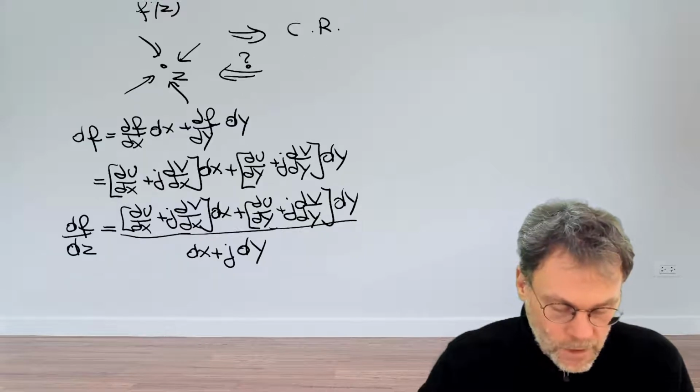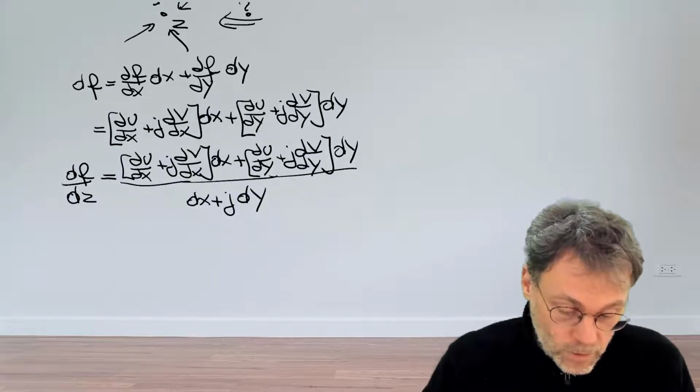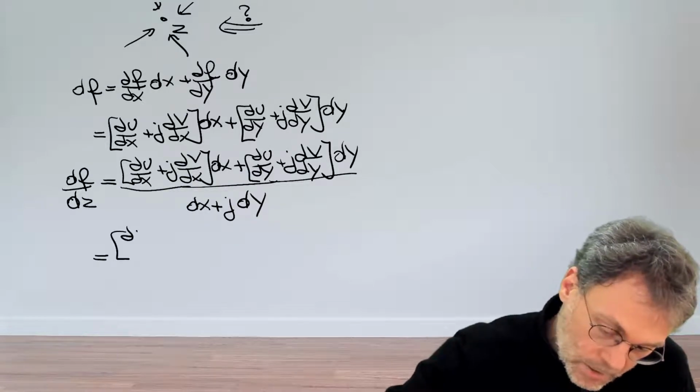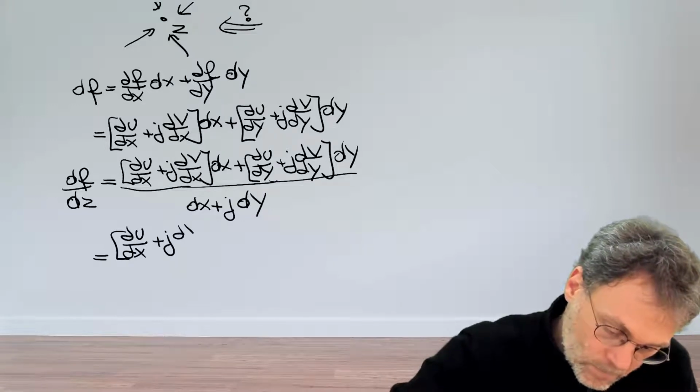I'm going to do a final manipulation here, and that is divide everything by dx. So both the numerator and the denominator, I'm going to divide them by dx. And that gives us, if I copy and paste one more time, hopefully not making too many errors in the process.